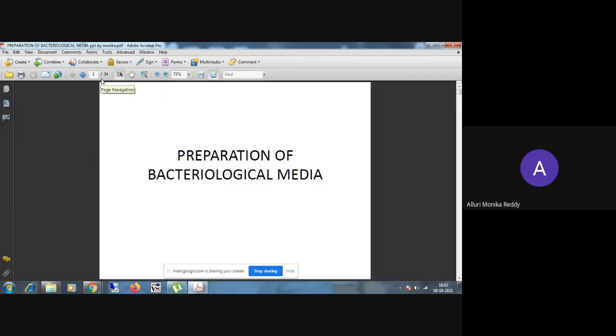Bacteriological media is an artificial media, a place that allows the growth of bacteria as compared to when it is grown in the outer environmental conditions. The same environmental factors like temperature, nutrients, physiological conditions will all be provided in the media artificially. That is a bacteriological media.